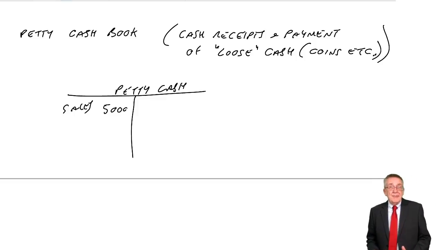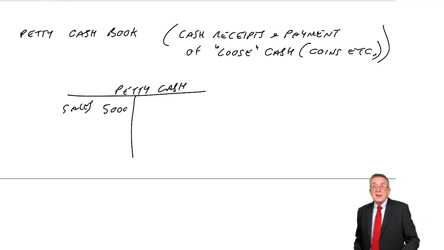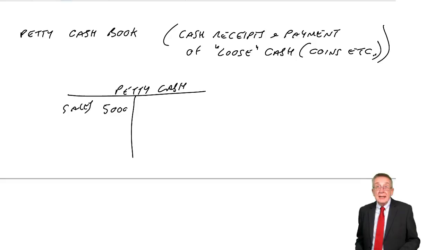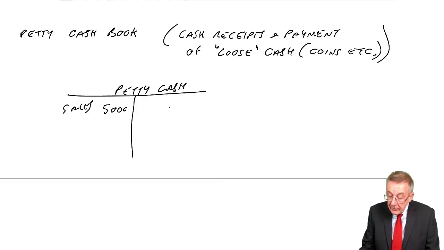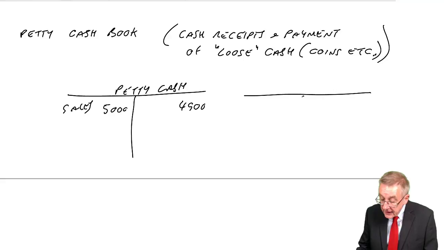They may keep a bit left over, so they've got change for tomorrow, but maybe at the end of the day they say, let's go and put 4,900 into the bank. So when they put the coins into the bank, they'll credit petty cash because it's gone out of their cash machine, and they'll debit the main cash.